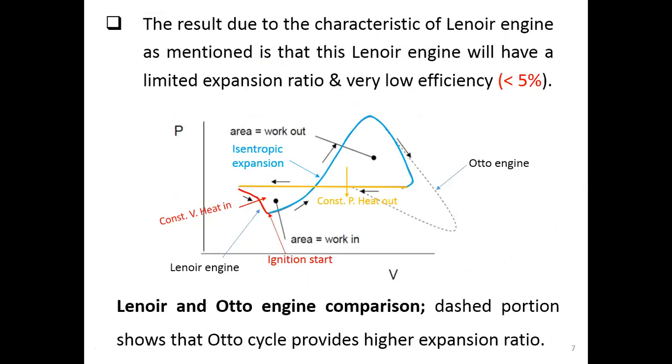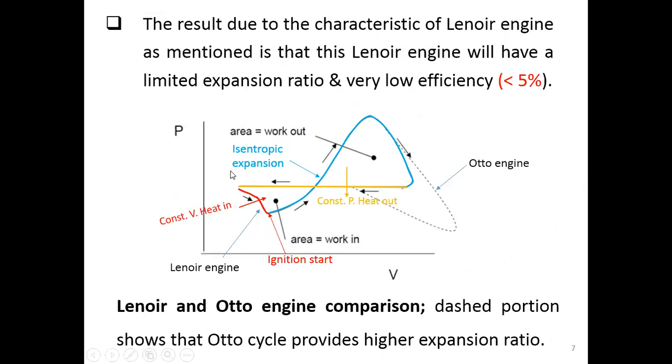How about the actual cycle? The actual cycle looks like this. When we plot it on the PV diagram, you don't see any constant volume process in the cycle, as I already mentioned, because the piston moves all the time.